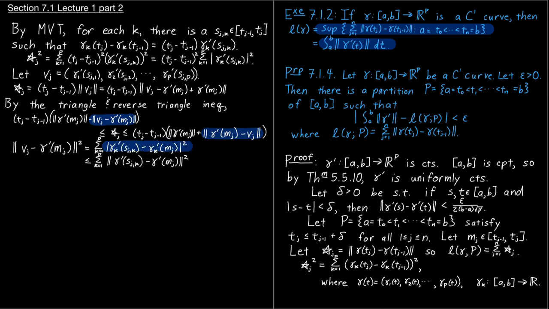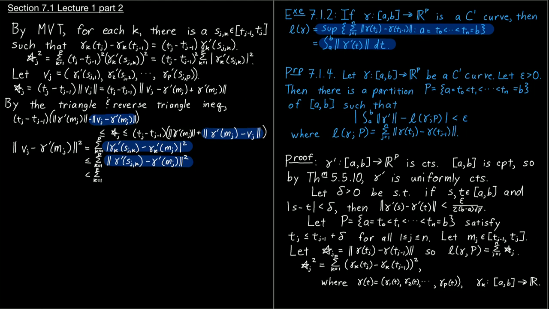Each of the guys showing up here is less than this norm here, and I can't get rid of the summation yet because we've still got sjk's in here. And now sjk is between tj minus 1 and tj, and mj is also between tj minus 1 and tj.